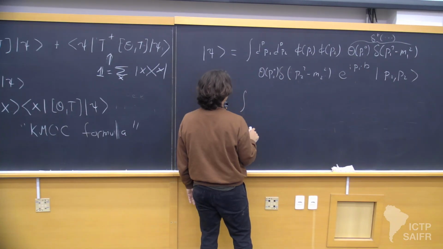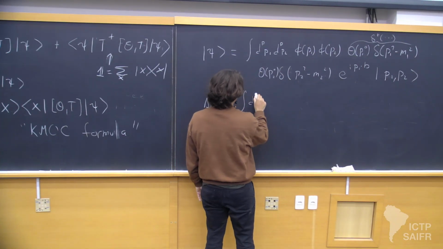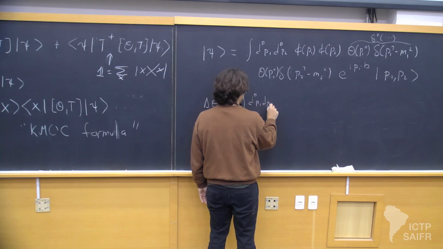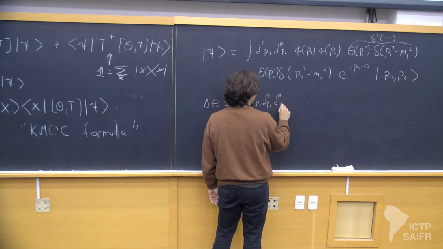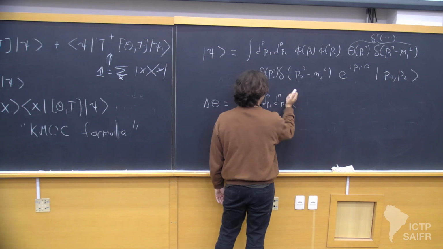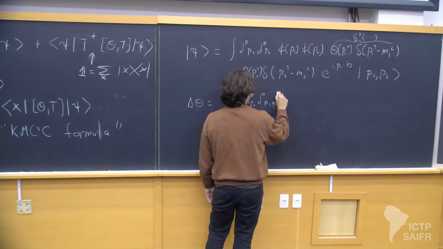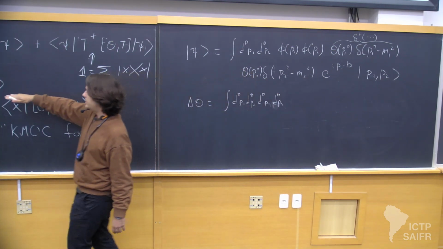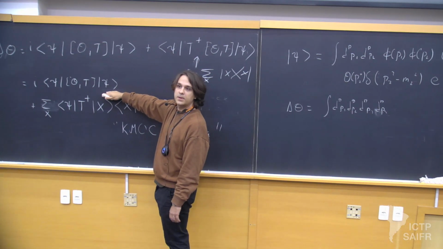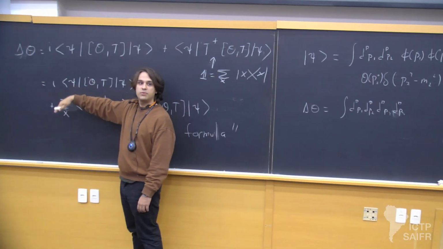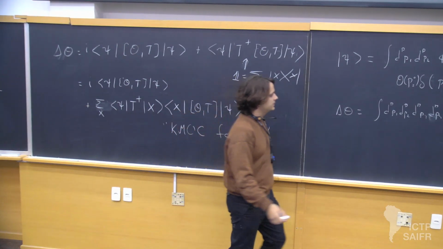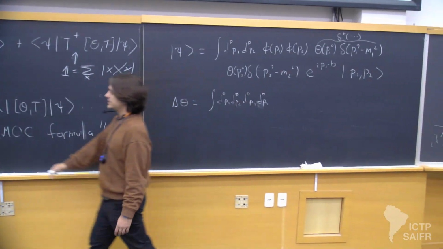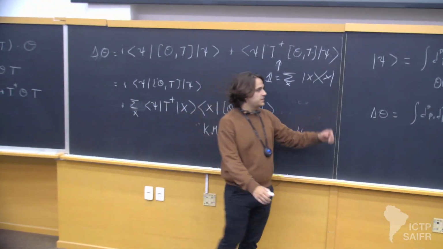It will be some integral where I have p1, p2, p3, p4. So I'm going to label the ones here as p1, p2, the ones here as p3, p4, because I have two copies of the states, right? But this one will be complex conjugate. So the wave function needs to be complex conjugate.